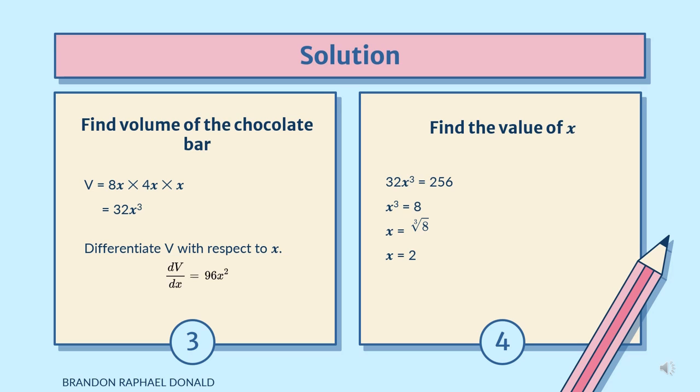Differentiate V with respect to x, which is dV/dx equal to 96x². To find the value of x, substitute V, which is equal to 32x³ equals 256, and we get x equals 2.